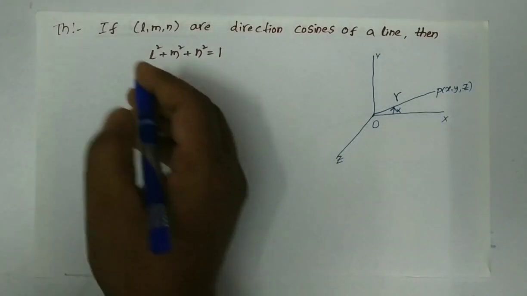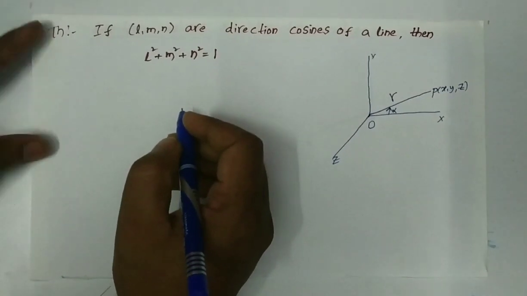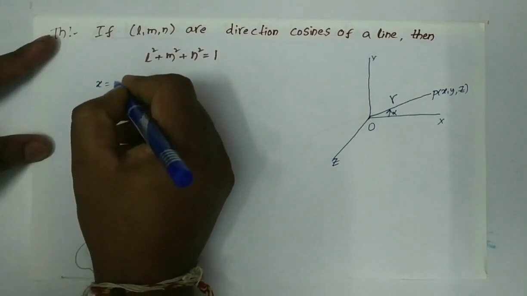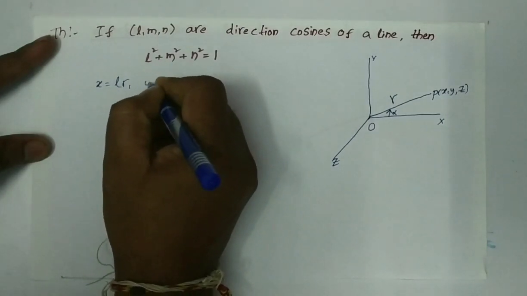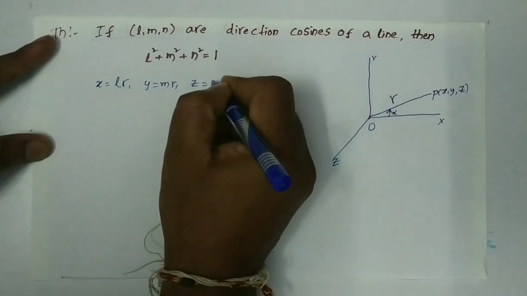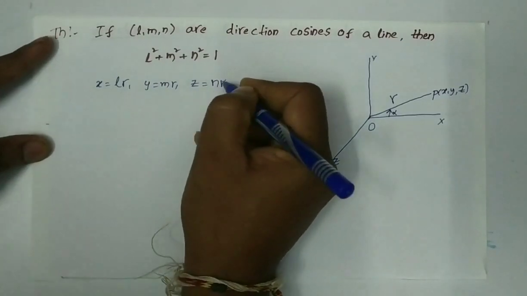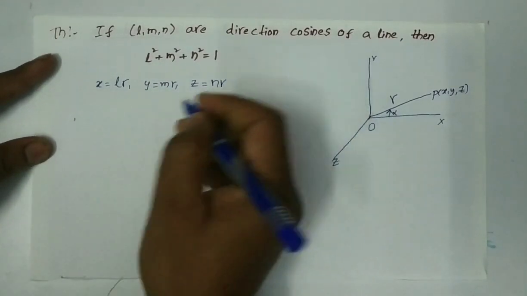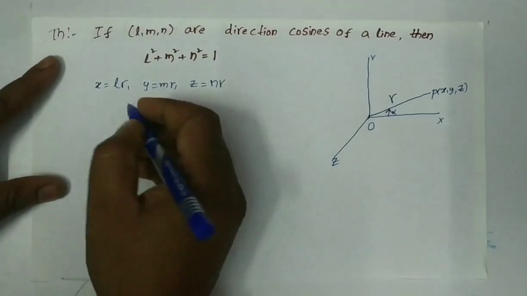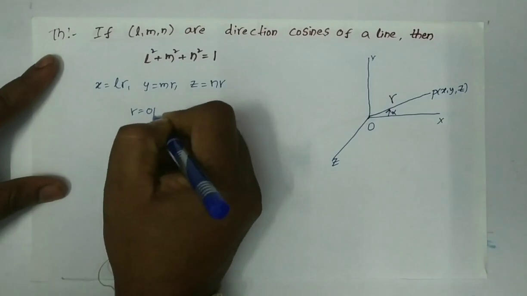That means x is equal to lr, y is equal to mr, z is equal to nr. Now already we know that r is nothing but OP.